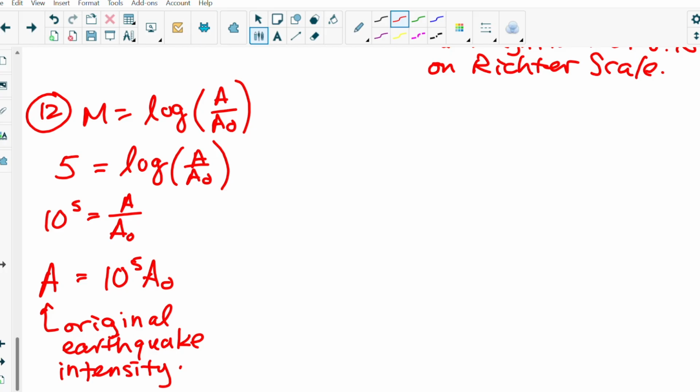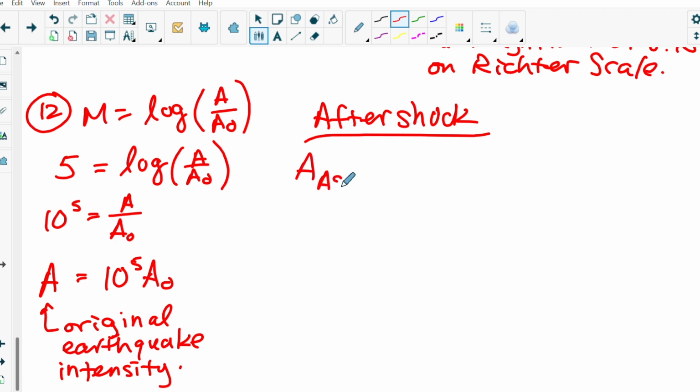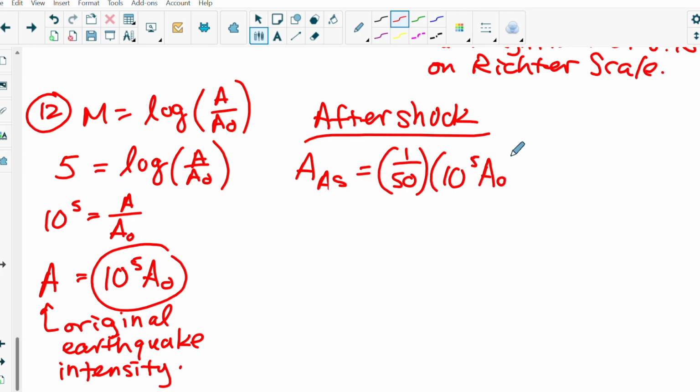So we have that A value. Let's look at the aftershock. Aftershock is just another earthquake. Literally, it's another earthquake, just of smaller magnitude, right? So A, and let me call aftershock AS, equals, it says 1/50th of the original. Okay, so 1/50th of the original, which is 10 to the 5th A naught.